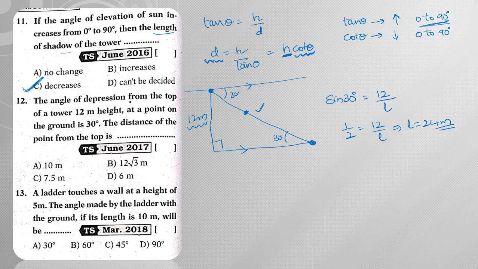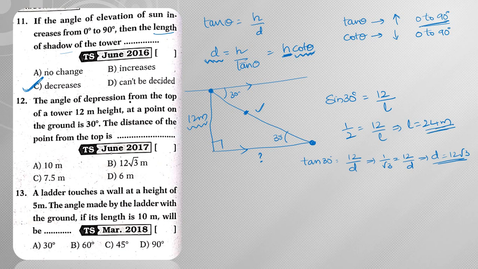Suppose we ask about this distance instead, then you can go for tan. So tan 30 degrees is equal to opposite by distance. So 1 by root 3 is equal to 12 by d. From this, d is equal to 12 root 3. So what did he ask? The distance of the point from the top. So if he asked from the top, then 24 is my answer.